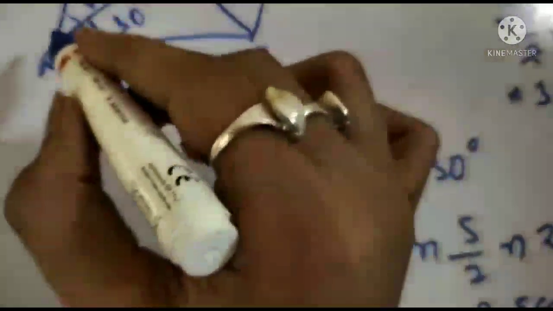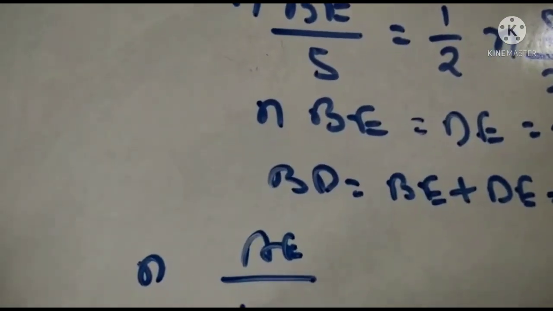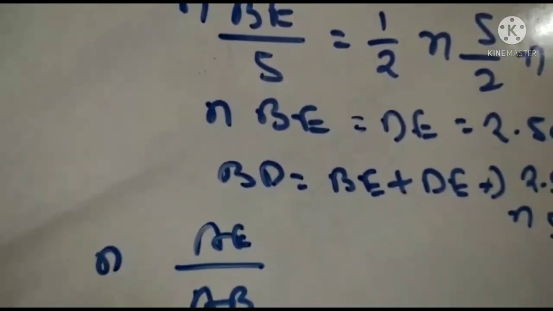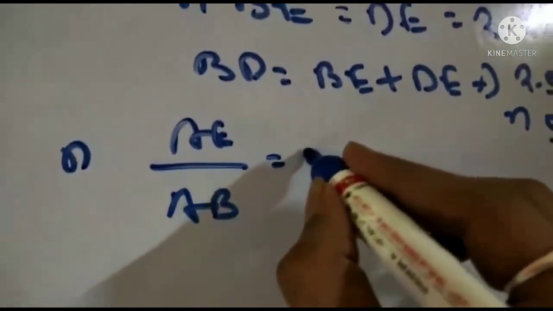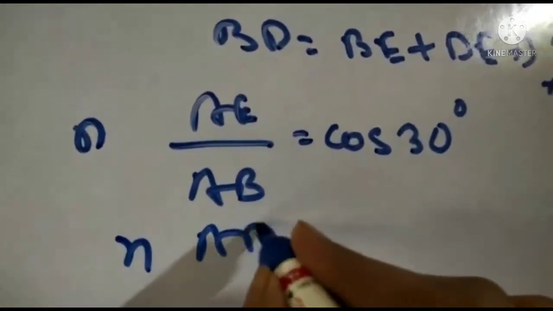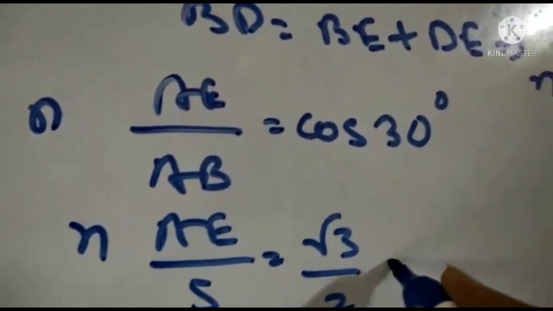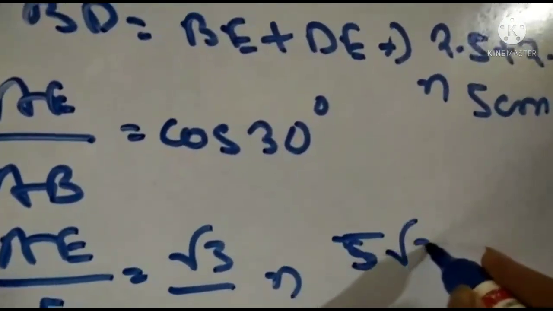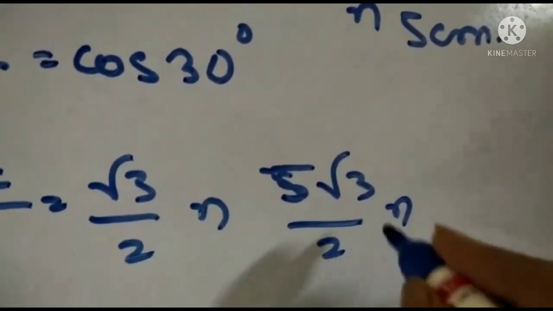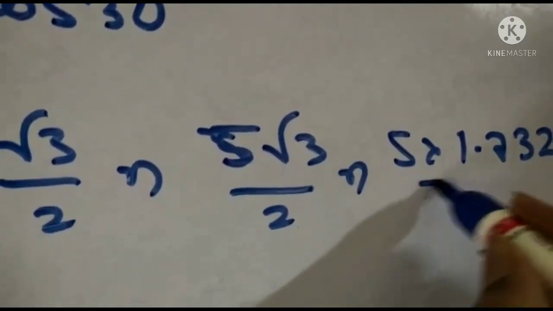Now from here we have to find AE also in the same way. AE is the base, so base by hypotenuse, that is AE by AB. Base by hypotenuse means cos 30 degree. Now AE by AB, AB is 5, is equal to root 3 by 2. From here you get AE equal to 5 root 3 by 2. Now after multiplying, we will get 5 multiplied by 1.732 divided by 2.